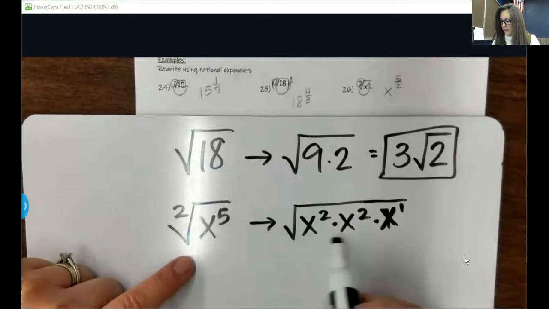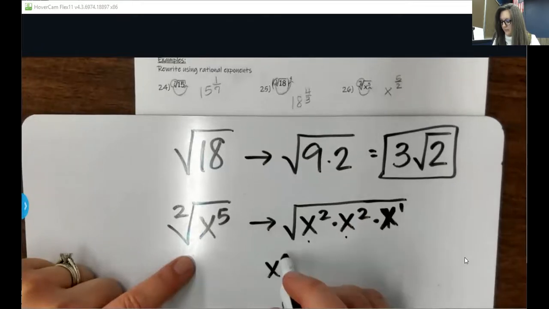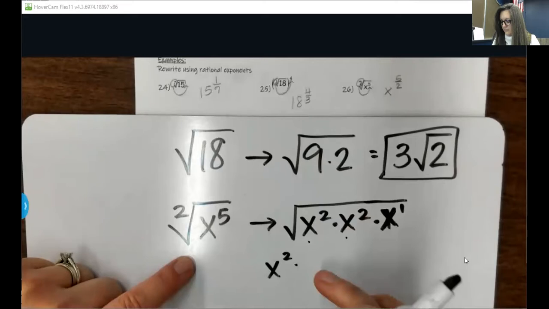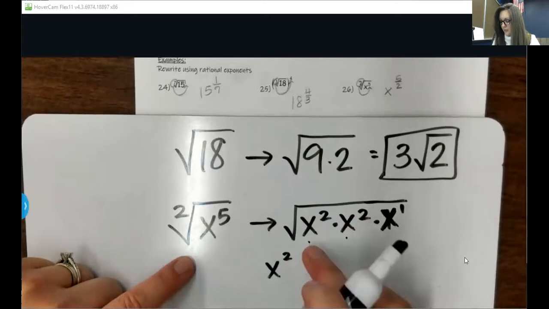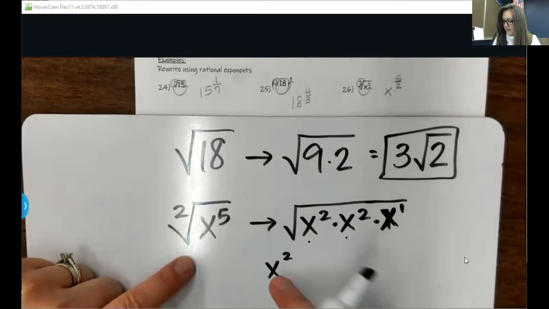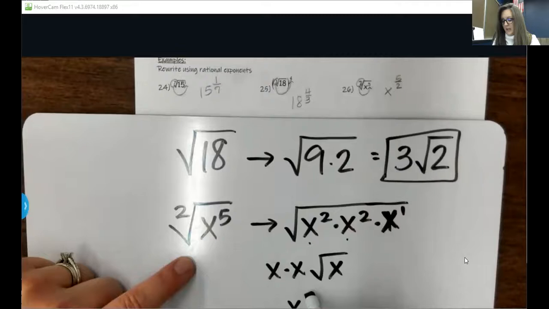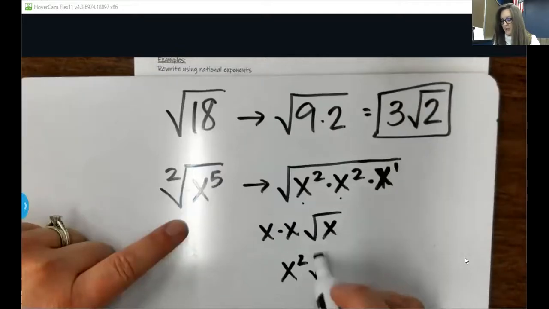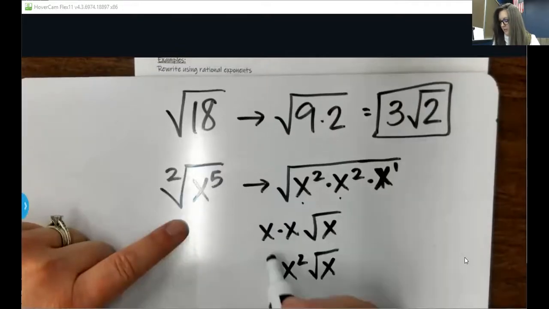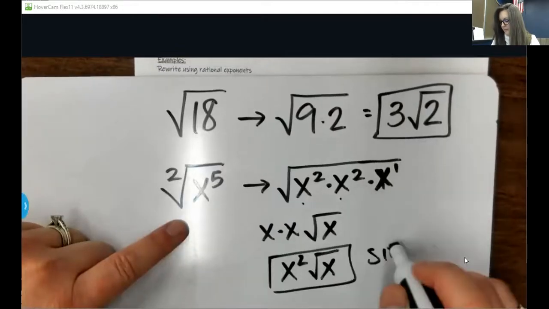So I have 2 x squareds that I can pull out. Oh, sorry. The square root of x squared is x. I can have 2 x's that I can pull out and another x that stays in. I was moving ahead of myself. So my answer here is x squared times the square root of x. Simplified, right?